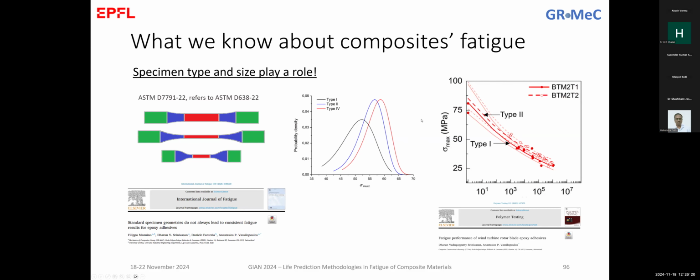What we've seen is that if we use these three specimen types, we have different behavior. Actually, the smallest specimen showed better results in all the cases. So this backs up what I said before about the standards, and how blindly, if you like, we should follow the recommendations, and not question every time what we read from the standards.